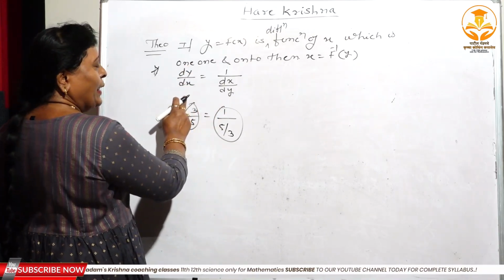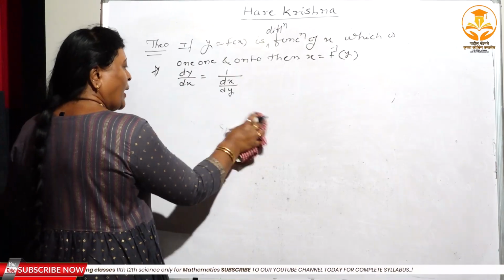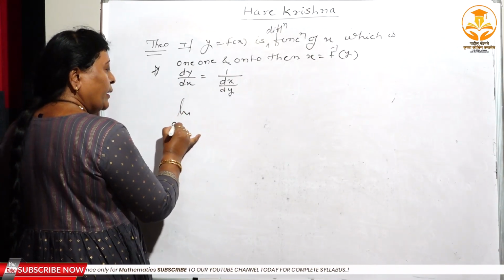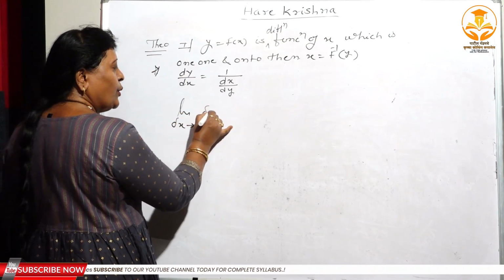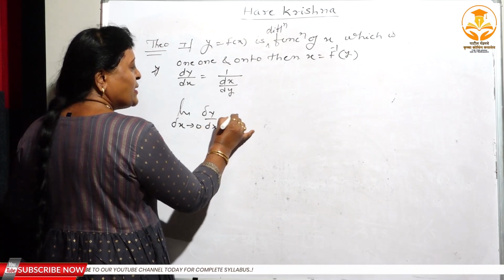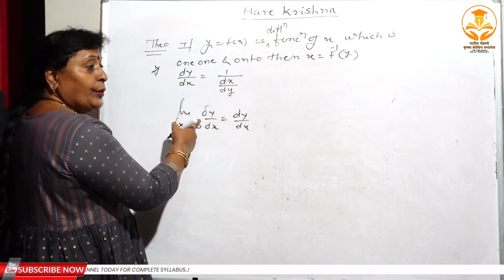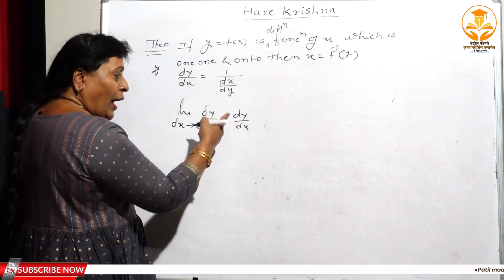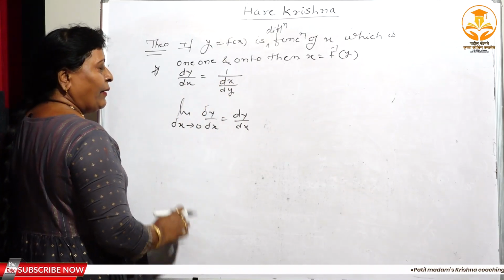So dy by dx we have to prove as 1 upon dx divided by dy, right? To get this, you know the definition of a derivative: limit del x tends to 0, del y divided by del x, is equal to dy by dx. Therefore, unless you take the change in the given function, you can't get dy by dx, and also you can't get dx divided by dy, isn't it?